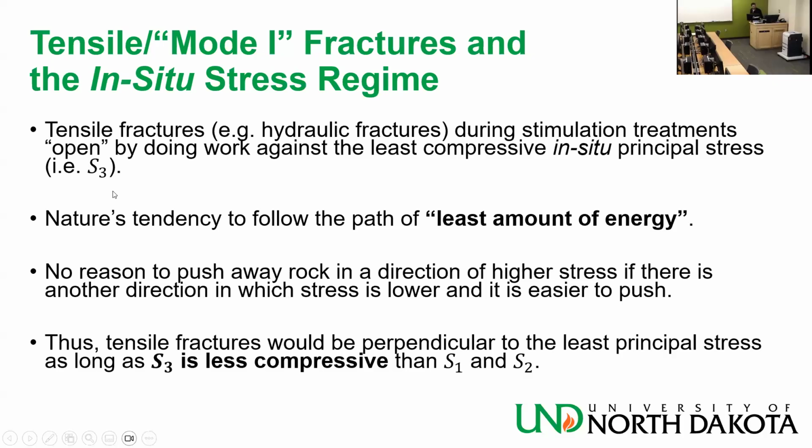Therefore, tensile fractures will be perpendicular to the least principal stress as long as this S3 is less compressive than S1 and S2. So it needs to be less compressive. By definition, S3 is less compressive than S1 and S2. If S1 or S2 was the least compressive, we would be calling that one the S3.